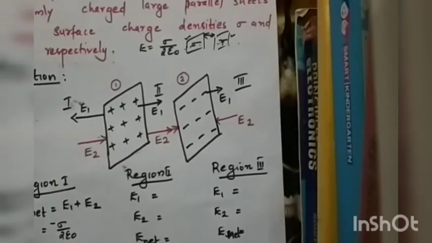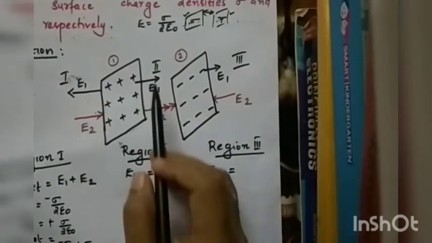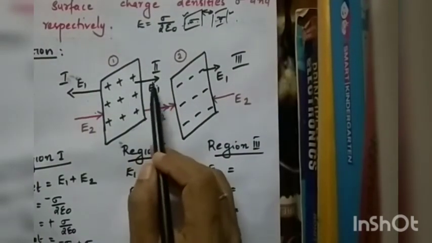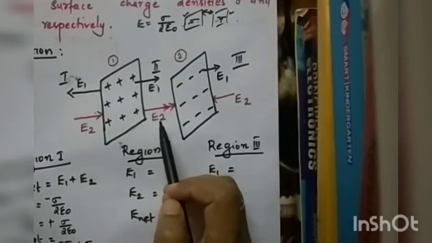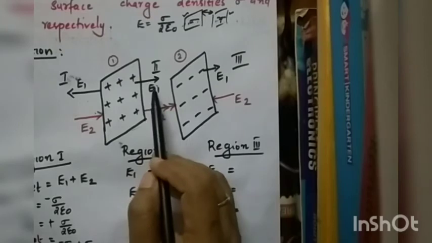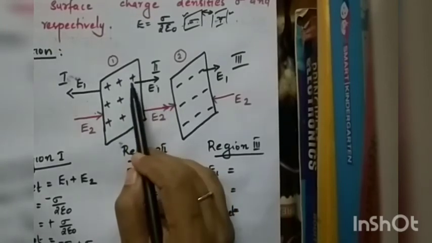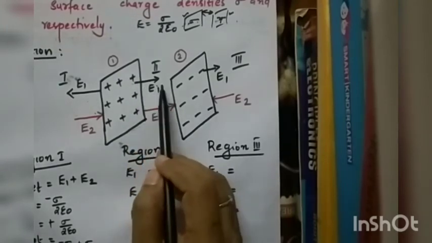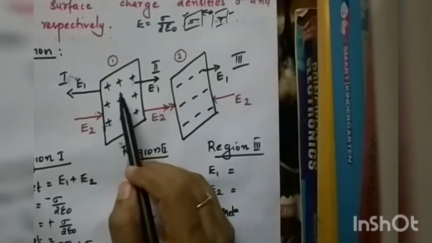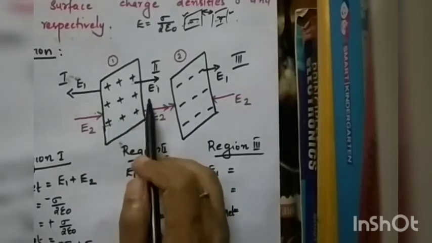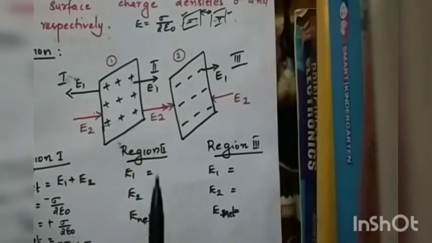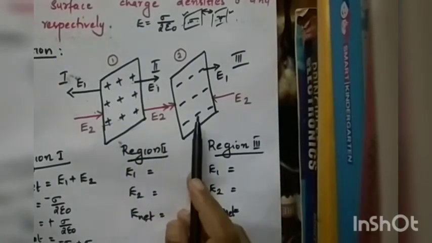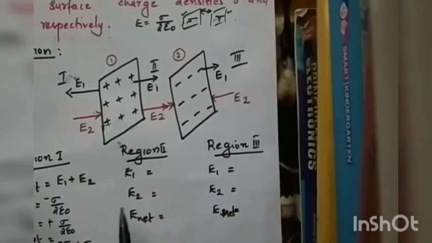Similarly, find the total electric field in region 2. In region 2, E1 and E2 both act in the same direction, right? The direction of E1 is towards the right, and E2 is also towards the right.